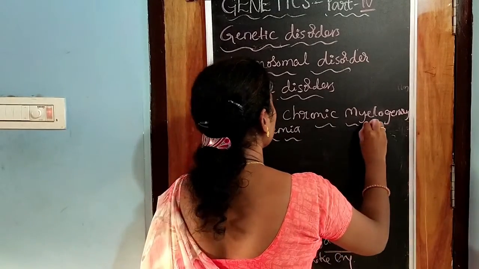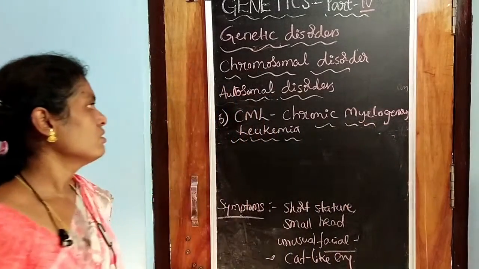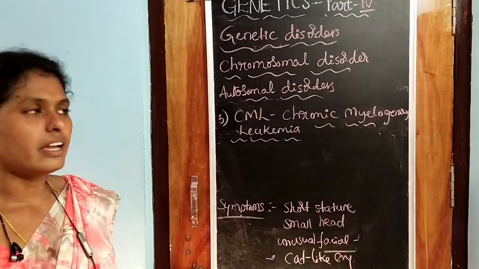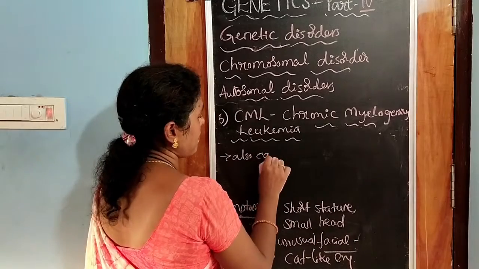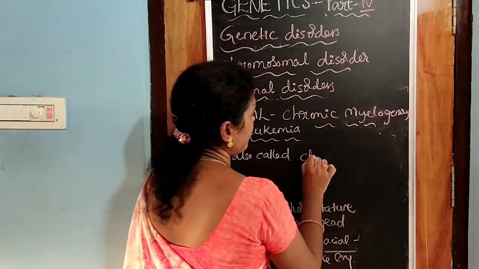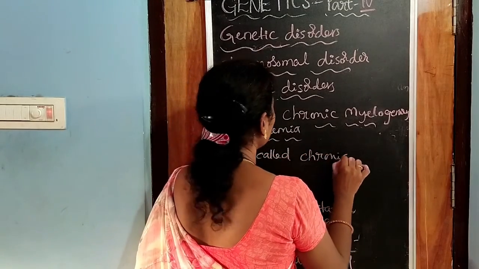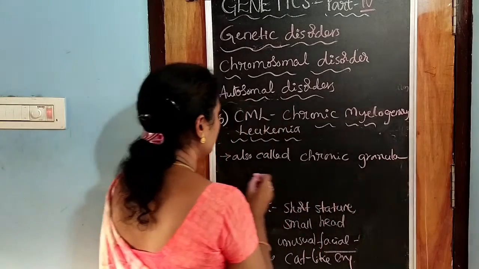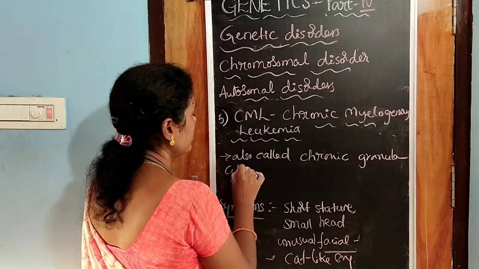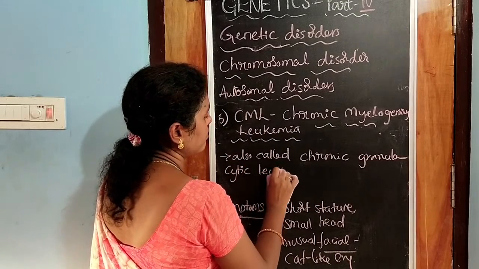In certain types of cancer like CML, it is also called chronic granulocytic leukemia.